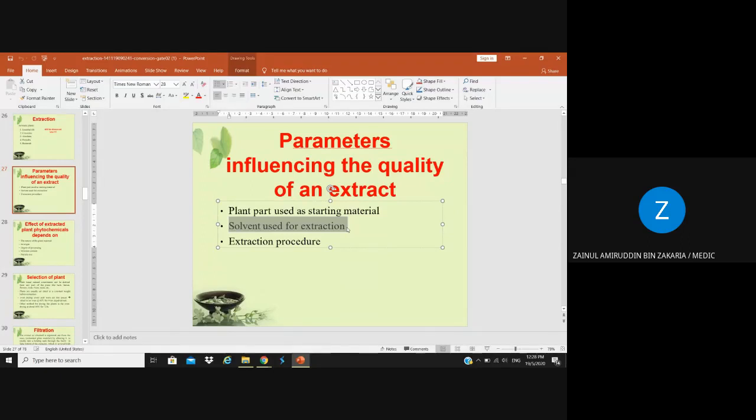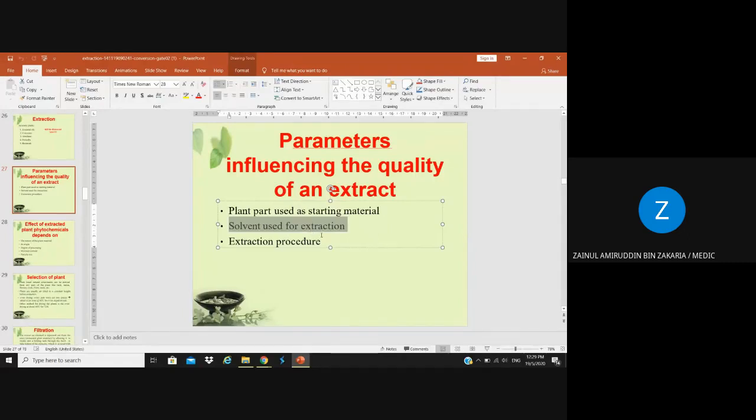So what you can do is use ethanol, because ethanol can take out polar and non-polar compounds. Then you do partitioning. Then only you get the lipid-soluble bioactive compound with high anti-diabetic effect. So solvent also plays a role.